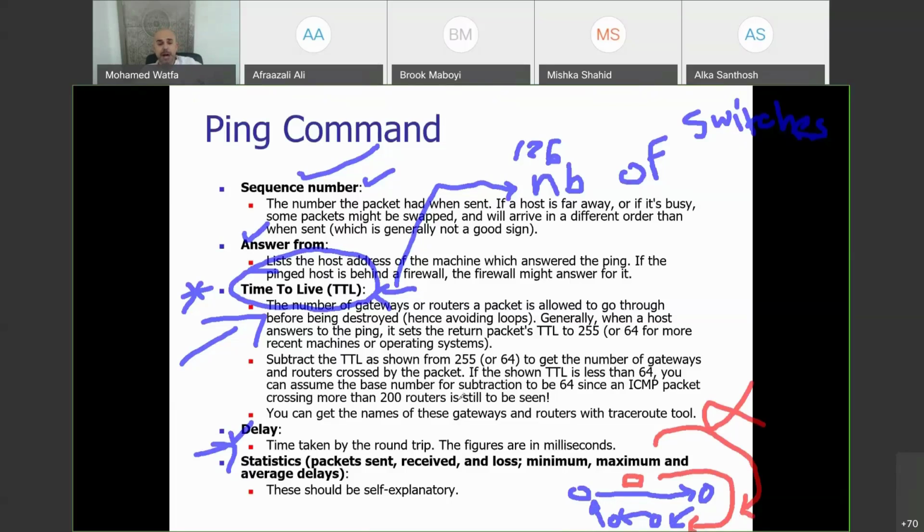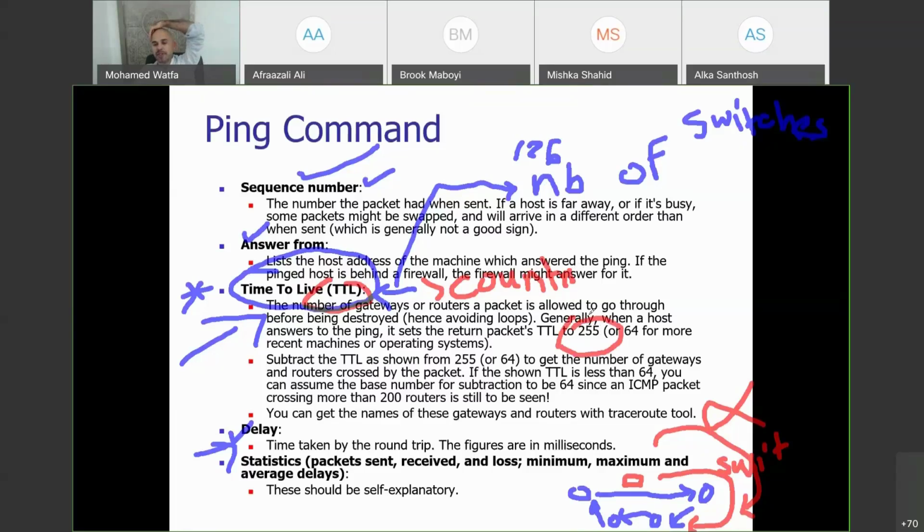We put a counter. A TTL is like a counter that gets decremented every time you go through a switch, usually a router or a gateway. Typically, again, 64, or 255, that's the maximum.